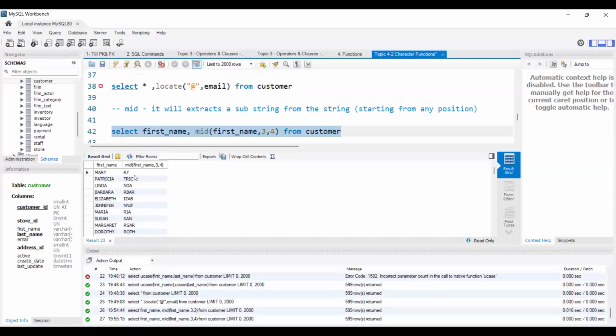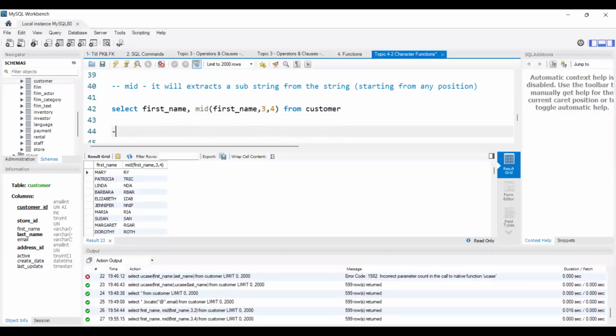If I want to extract any substring from the string, this will be my substring, and I'm extracting some part of the data from this word. That is called a substring. If I want to extract a substring from the main string, I will use the mid function. Is it clear? Yeah, ma'am, understood. Now let me write it here. We will use 3 parameters.